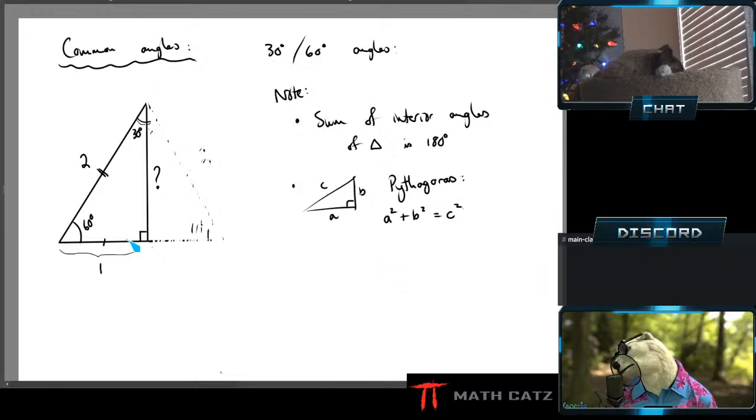I can use that here and say, well, this bottom perpendicular side is 1, 1 squared. The upright perpendicular side is question mark squared. Maybe let's put it in a box so it doesn't drift away. And that has to equal the hypotenuse side squared, 2 squared. So I get 1 plus question mark in a box squared equals 4.